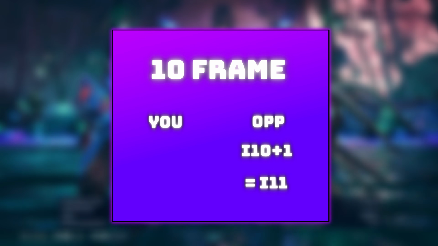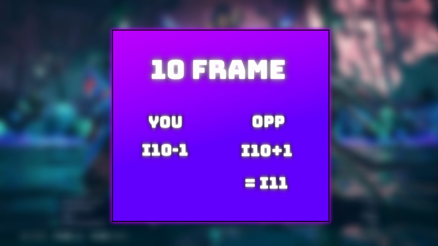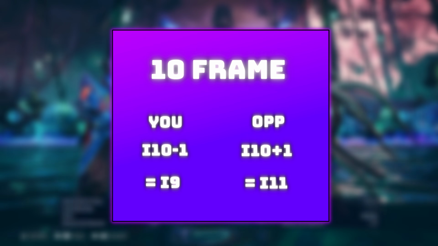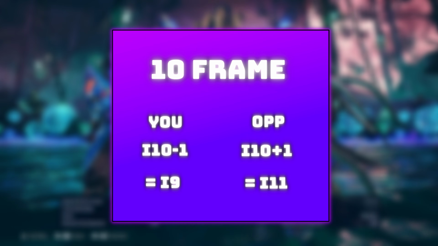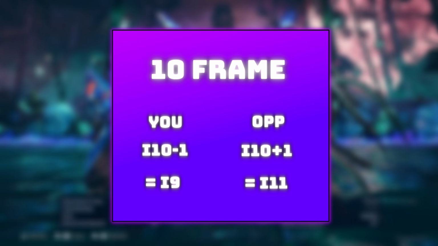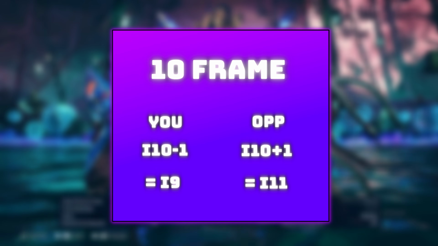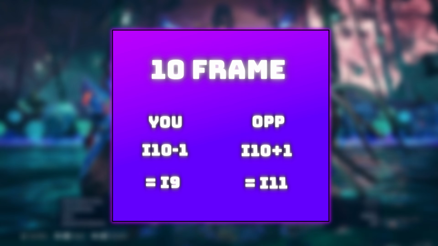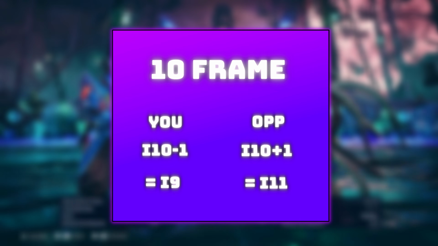In my case, since I'm +1, you subtract from your 10 frame move, turning it into a 9 frame move. Now, this doesn't mean that your move actually becomes faster. It just means that you're recovering 1 frame faster than your opponent. But to make it simple, I'm using a little bit of math so that you can see that the shorter number, which is faster, would beat a number that's higher than the 9 frame move.